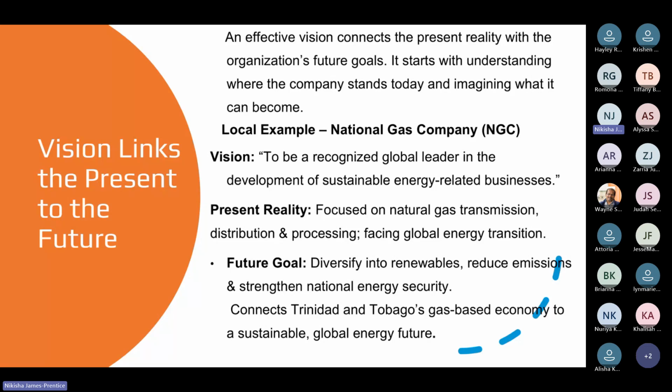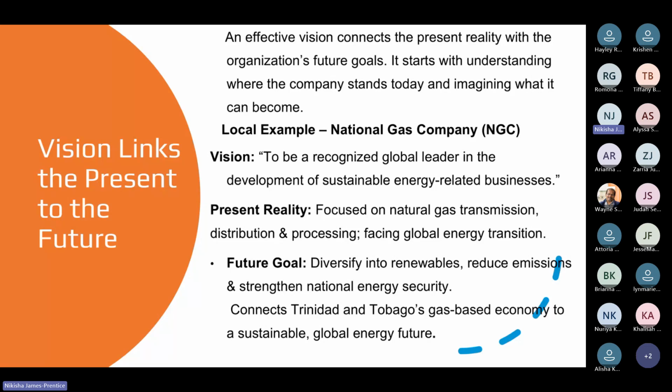So their present reality, or what is: NGC operates mainly in natural gas transmission, distribution, and processing. It faces challenges from global energy transitions and declining gas reserves. But their future goal, or what could be, is that they aim to diversify into renewable energy, reduce carbon emissions, and ensure long-term national energy security while maintaining competitiveness on the international stage.